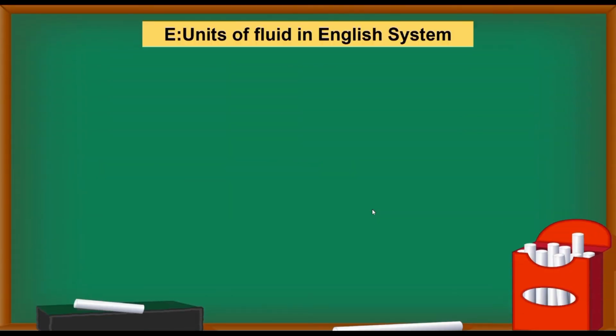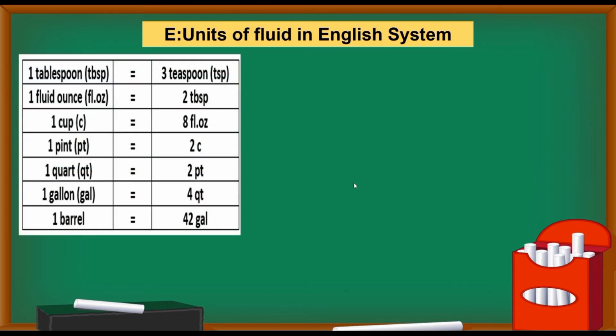So, let us now have the units of fluid in English system. Okay? Sa fluid, more on yung ginagamit natin na suka, toyo, yun po yun. In every 1 tablespoon, there is 3 teaspoon. In 1 fluid ounce, there is 2 tablespoon.